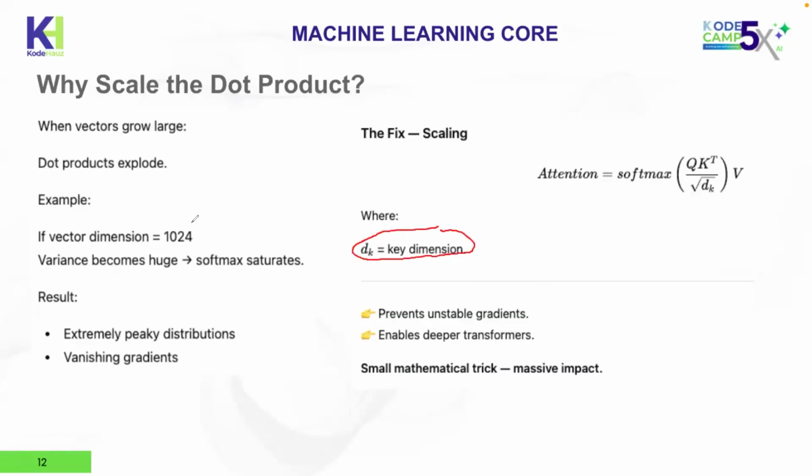But the key dimension is basically the size of the key vector, which is also the same as the size of the query vector because they're always the same size. The key vector is always 1024. The query vector is also always 1024. So when you square them, you have dk squared.